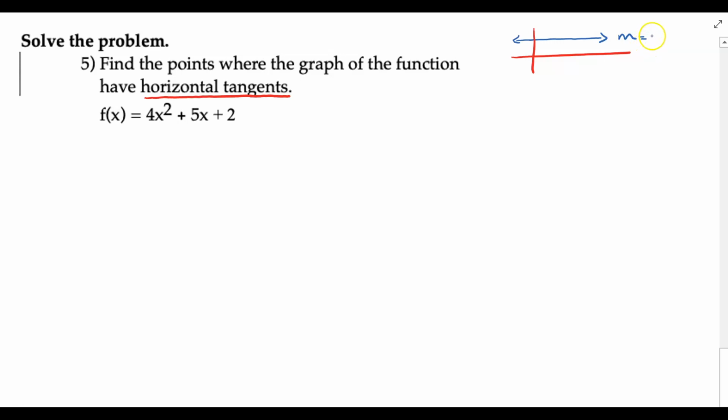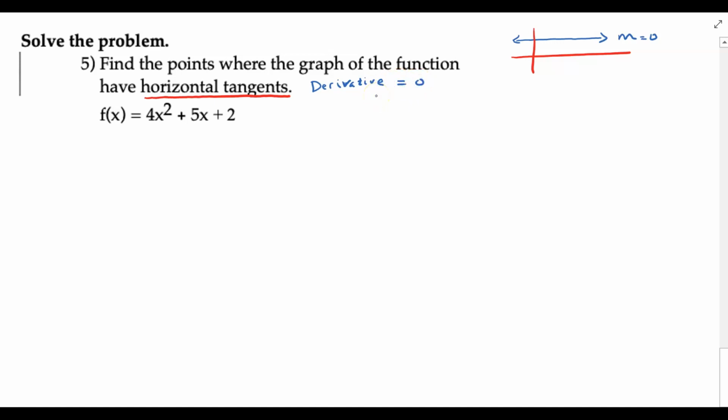The slope of that line is 0. Therefore, when we're asking whether a function has a horizontal tangent, we're asking where the derivative equals 0.